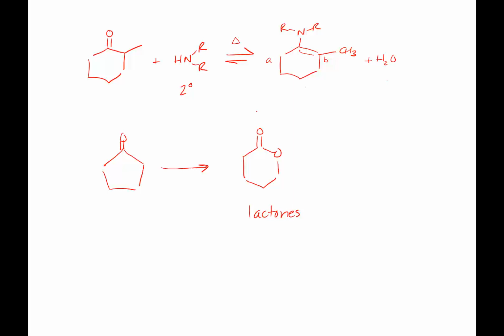On the other hand, if I take something like cyclopentanone and I react it with a peroxy acid, I'm going to insert my oxygen in between the carbon and the CH2 group, and I'm now going to expand the ring by 1 and make a cyclic ester, the lactone.